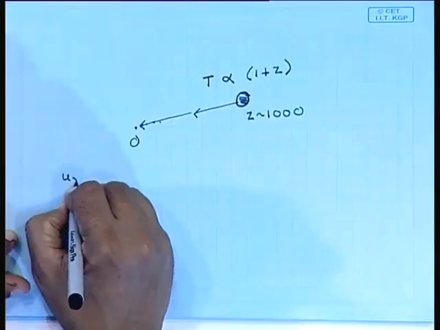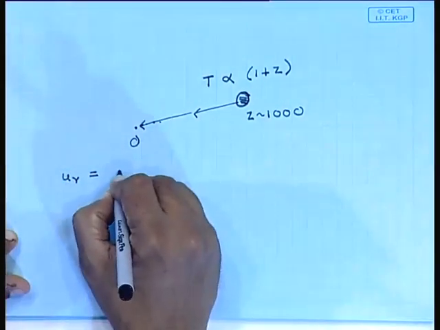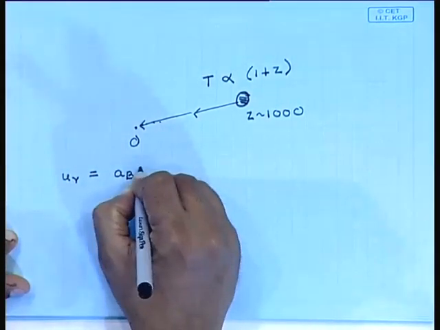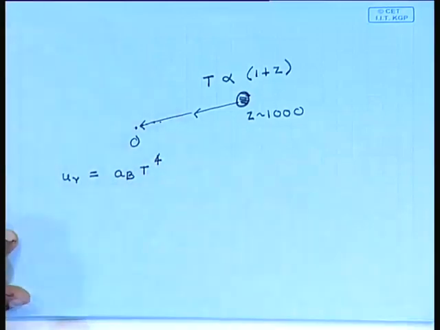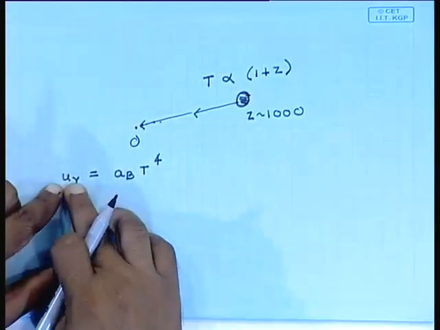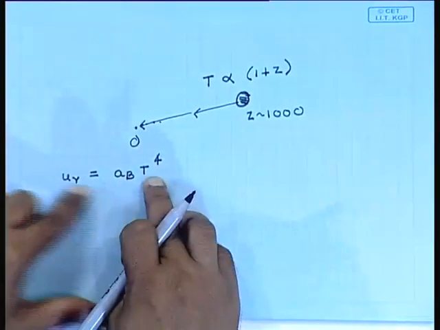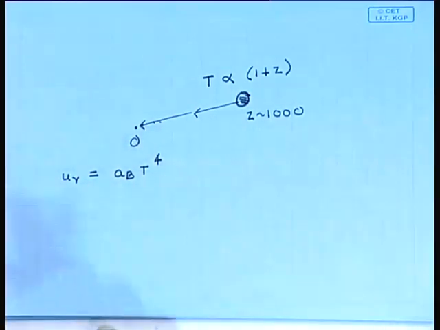To estimate this, let us work out the heat capacity of the radiation. The internal energy of the radiation, U gamma, we have worked out is the Stefan-Boltzmann constant times T to the power 4. Presently, if you want to calculate this, put in the present temperature.